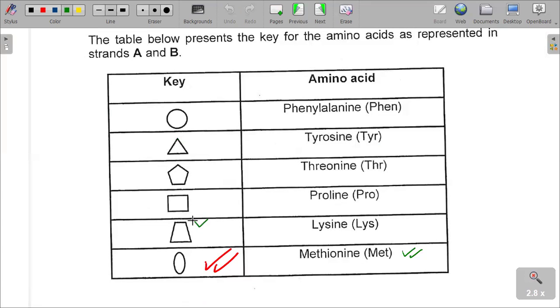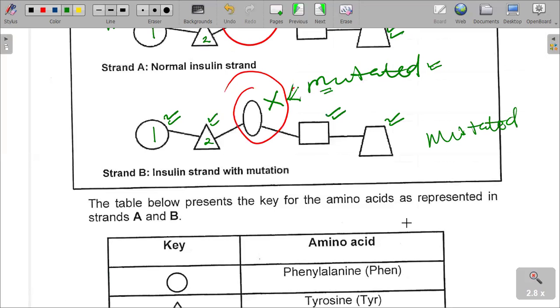We have this presentation or key that represents the amino acid lysine. Lysine is the amino acid represented by the last amino acid in strand B.